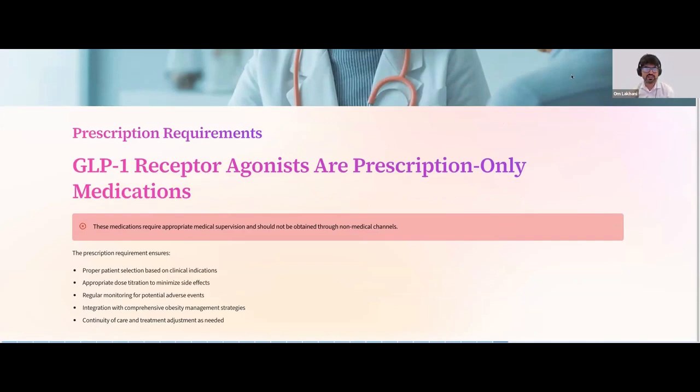What I've just clarified is that these agents are only to be given by qualified doctors based on clear indications. And again, I'm very clear about this, right? This should be there in the minds of everybody: these are not fancy gadgets. These are medications. They have to have the right indication. They have to have the right process, and they have to be rightly and ethically prescribed to your patients where it is indicated, right?